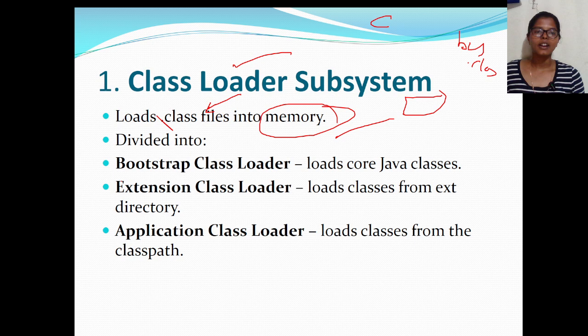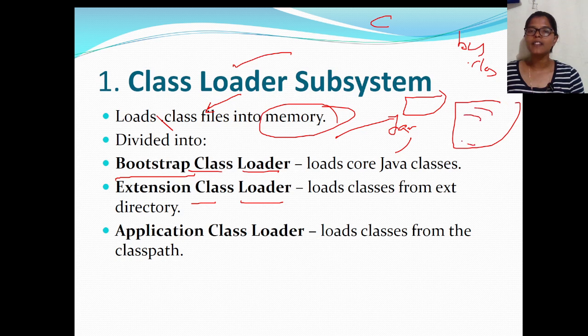Like it has a bootstrap class loader. What does it do? It loads all the Java classes in the program, because in a single Java program we can have n number of classes. That was already discussed when we discussed the internal working. So the bootstrap class loader loads all the classes present in the Java program.